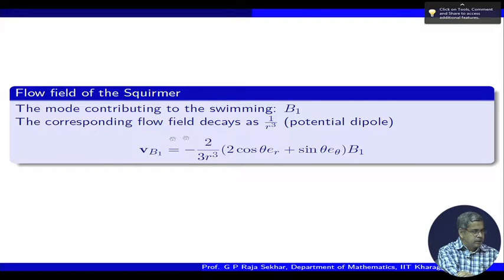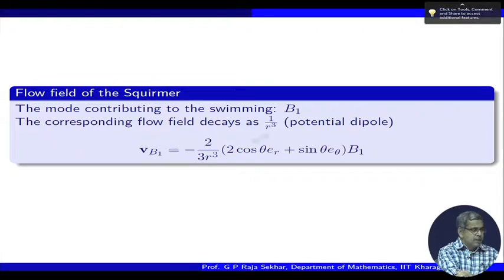If somebody considers exclusively the B1 mode, this is only swimming, that means there is no contribution of the squirming, the envelope and the surface beating. It is only swimming.